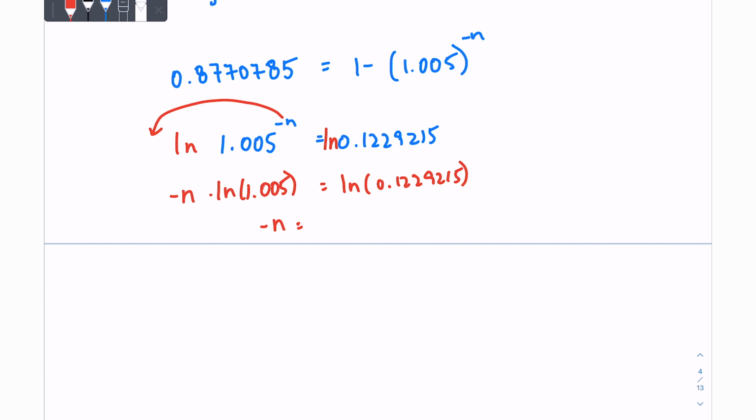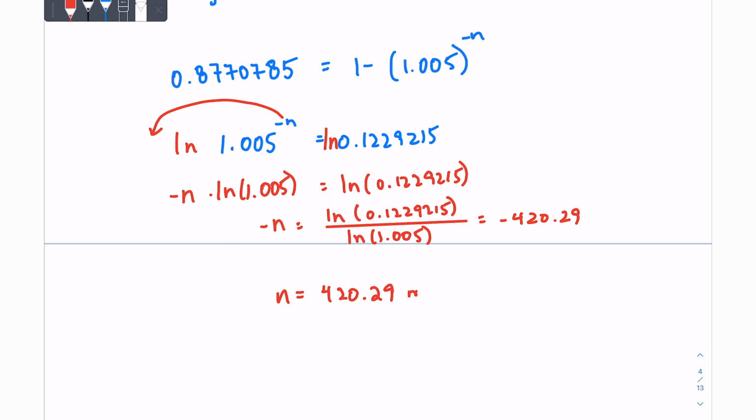Now, if we keep cleaning this up, I would have log of 0.1229215 divided by the log of 1.005, which on the calculator would be negative 420.29. So n is 420.29. Now this is in months. If I divide this by 12, that would be approximately 35.02 years.